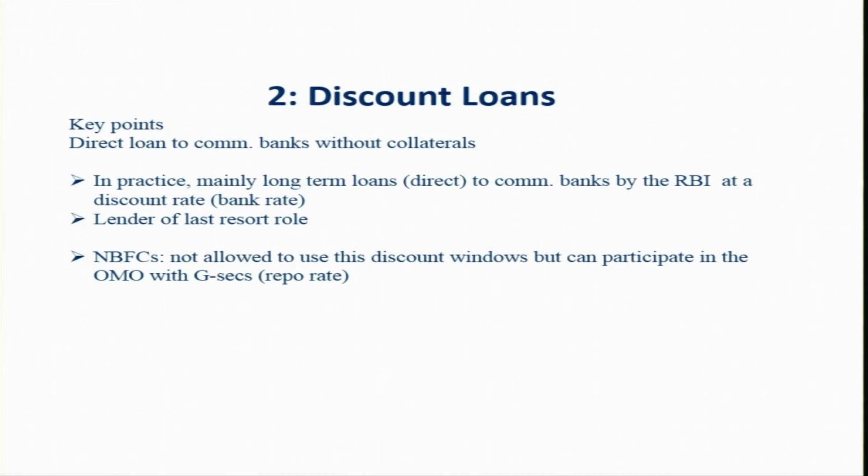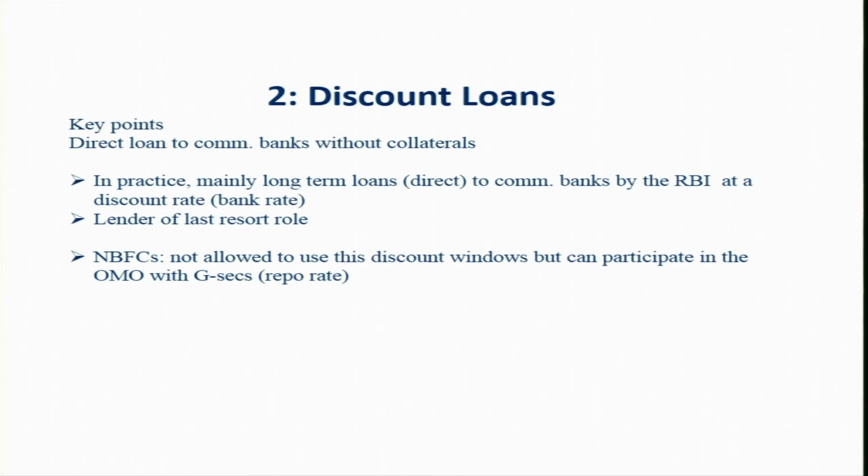This is one aspect of the liability side, the open market operation, and the second one is discounting of loans by the central bank. What is meant by discounting of loans? That is a borrowing window, the discount window, which is a direct loan to commercial banks.